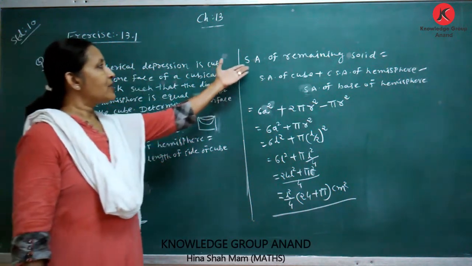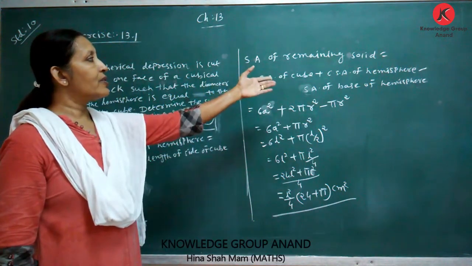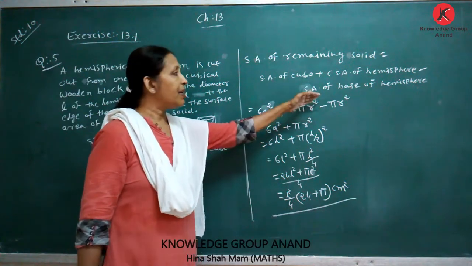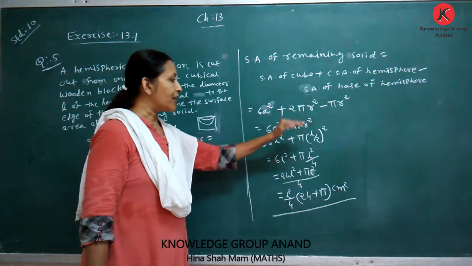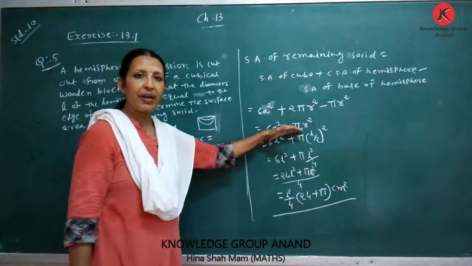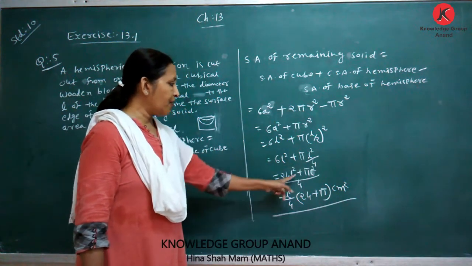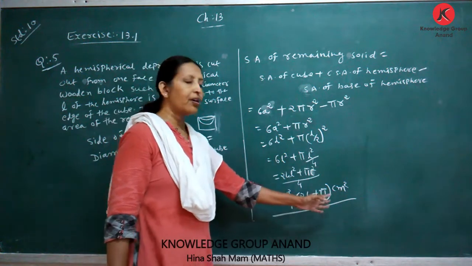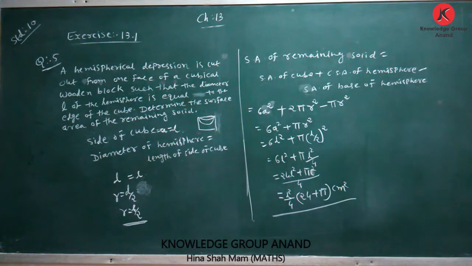Now the formula for remaining solid is surface area of cube plus surface area of hemisphere minus surface area of base of hemisphere. 6a square plus 2 pi r square minus pi r square, 6a square plus pi r square. Here 4 is LCM, 6 4s are 24 L square, L square by 4 common, then 24 plus pi, centimeter square. Now question number 6.